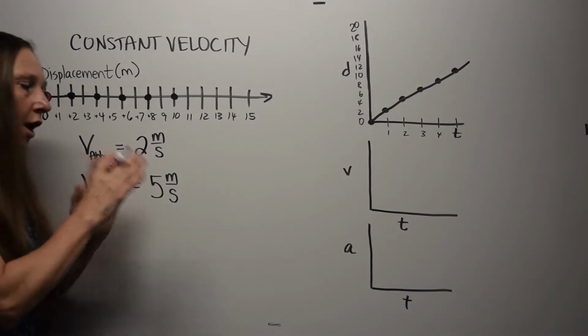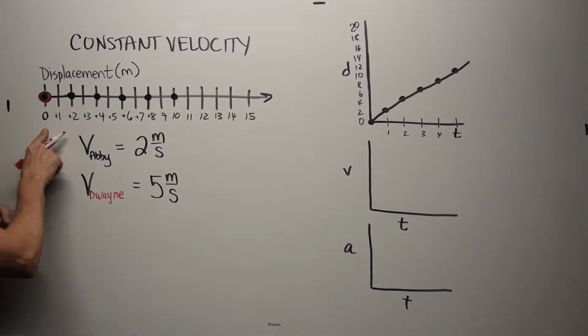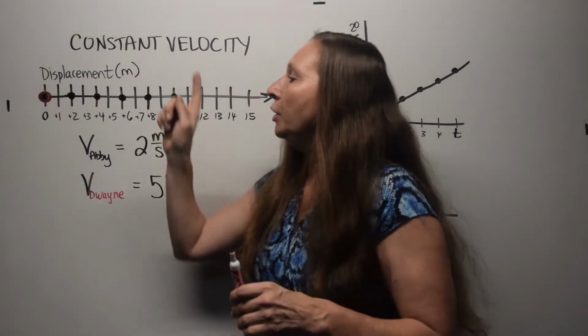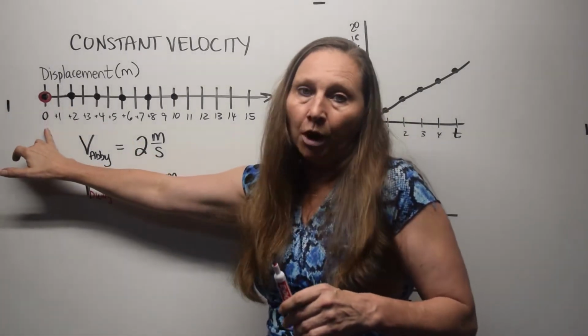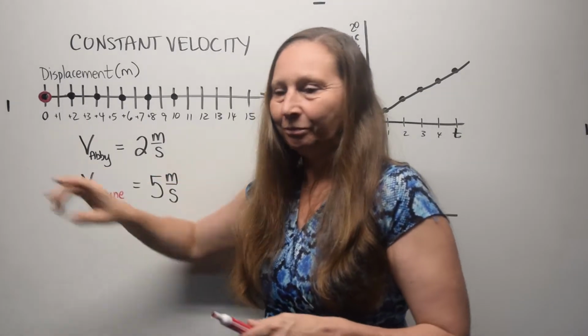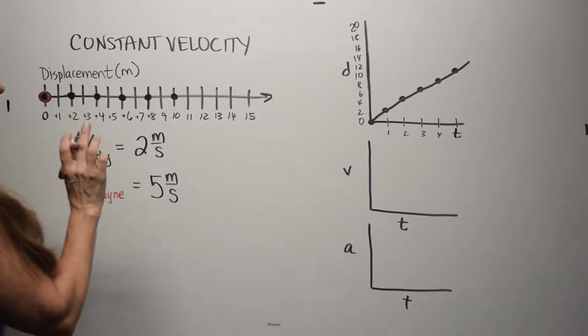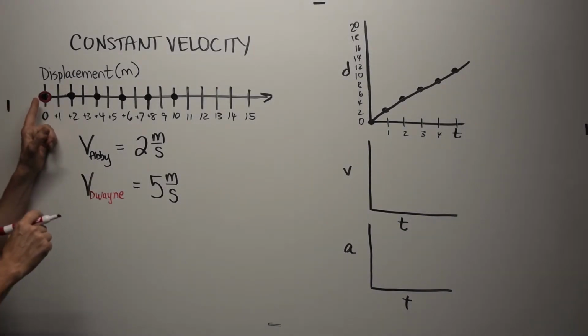We told them, listen, Abby, you start walking back there, and when you get to 0, I'm going to start graphing your motion. Now, Dwayne is running, and when he gets to 0, we start.